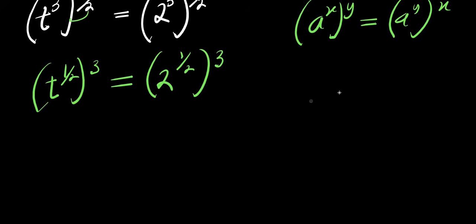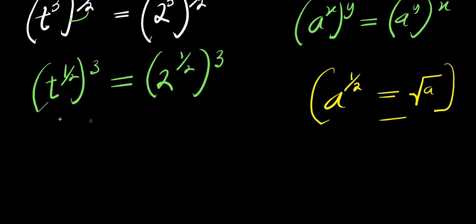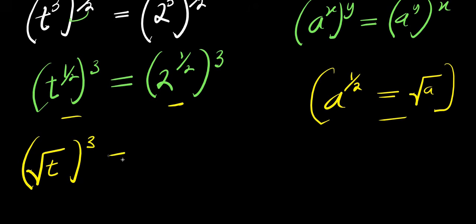Now, if you have a power 1 over 2, this equals square root of a. Applying that here and here, we have square root of t to the power of 3 equals square root of 2 to the power of 3.